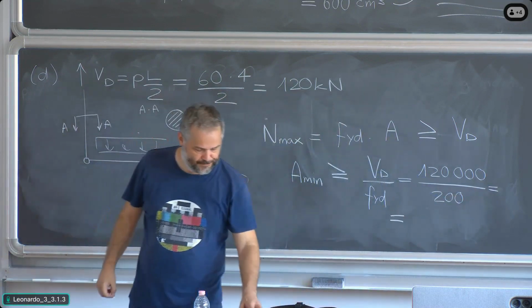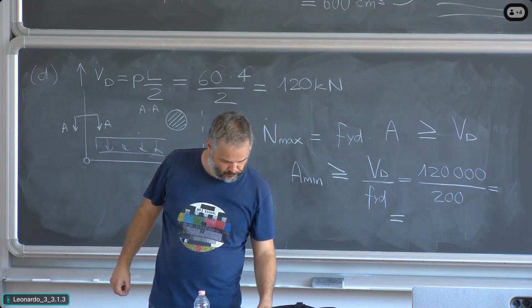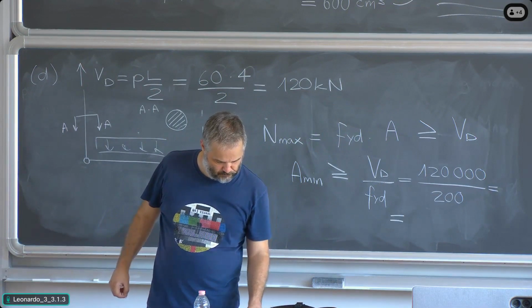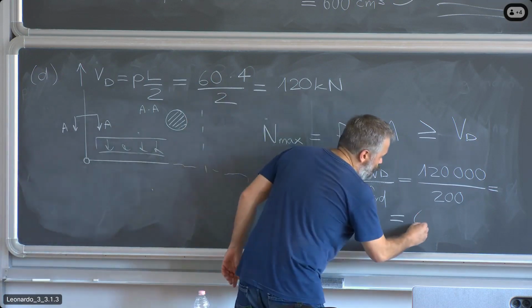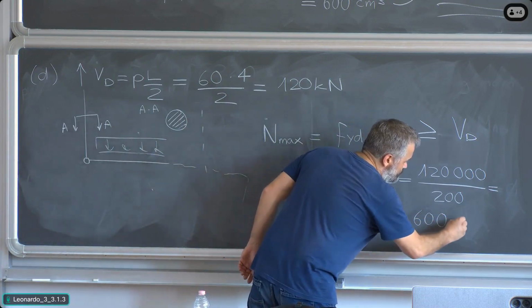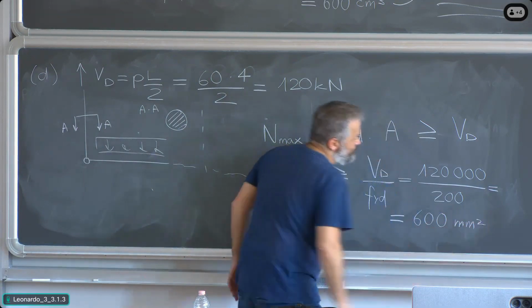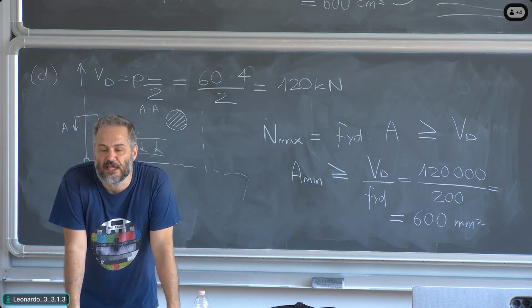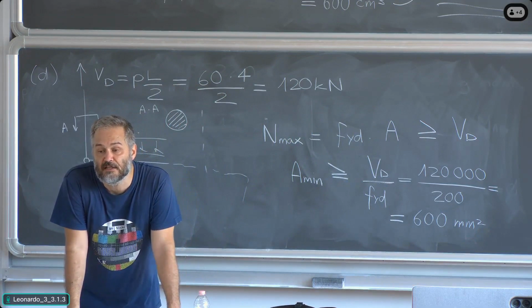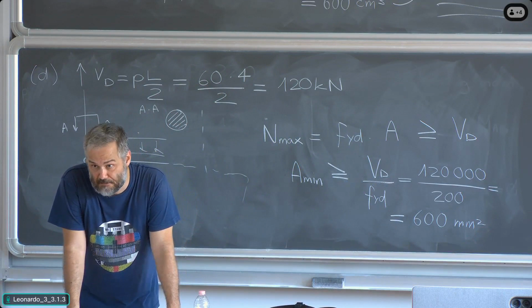Equal to what? 600 square millimeters. So we have to find a circular section whose area is larger than 600 square millimeters, under the requirement that the diameter of the circular section is an even number.